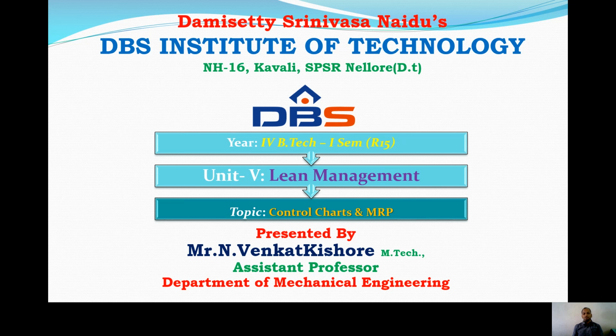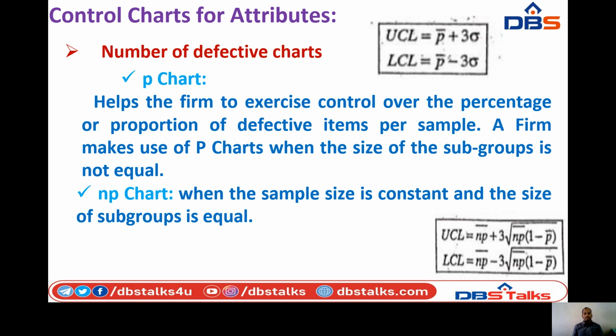So in this class we are discussing control charts for attributes. It is quite difficult to represent the quality features, so to get good quality products we inspect the products and categorize them into conformity or non-conformity.